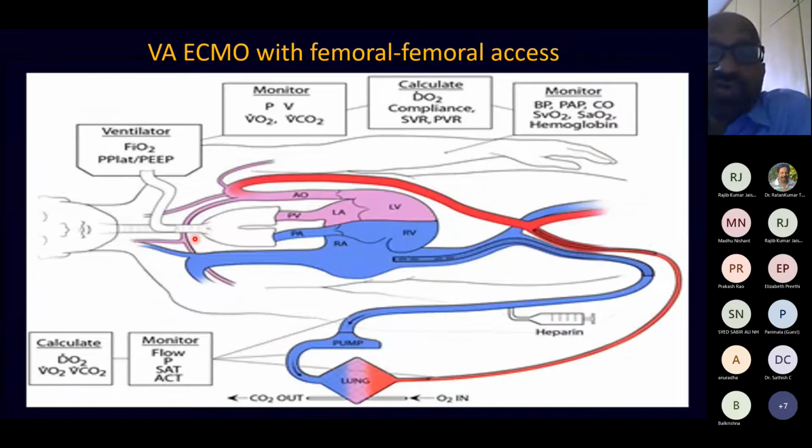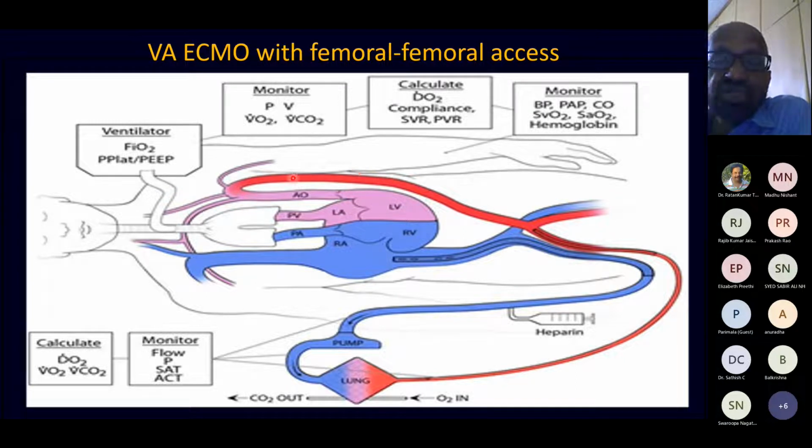Coming to the next configuration, we have the femoral axis. Here the blood is taken from the femoral vein, oxygenated, and pumped back into the patient's femoral artery. And here, if you notice, if the patient has a native cardiac function, the blood which is coming from the left ventricle and the blood coming from the oxygenator, there's a point where they mix.